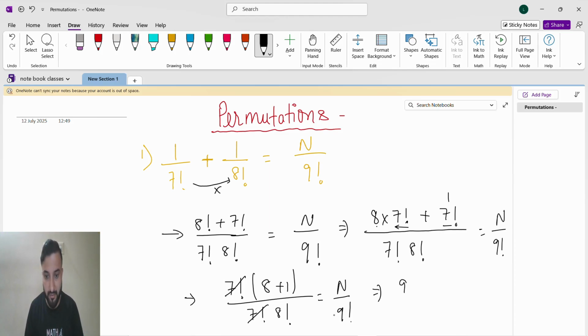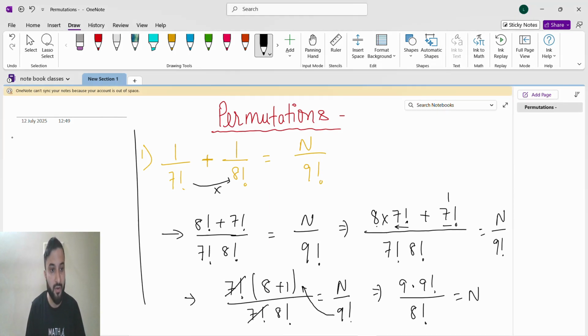The 9 factorial goes to the other side, so it multiplies: 9 into 9 factorial divided by 8 factorial equals n. Now 9 factorial can be written as 9 into 8 factorial, so 9 into 9 into 8 factorial divided by 8 factorial equals n.